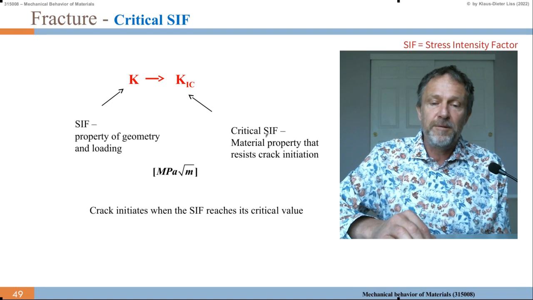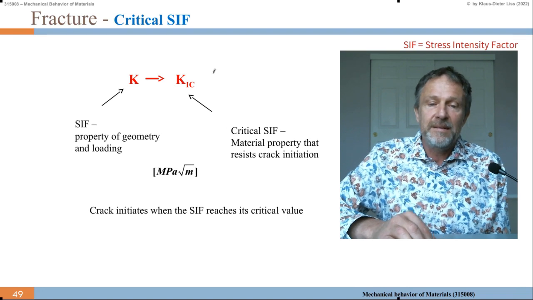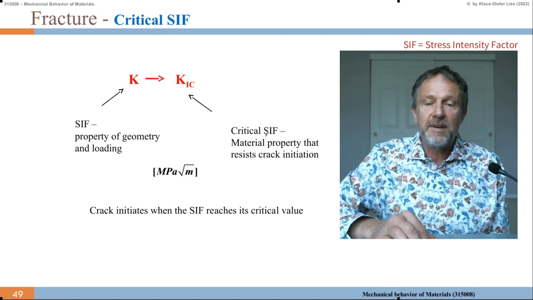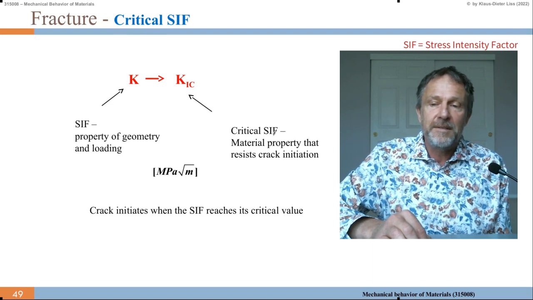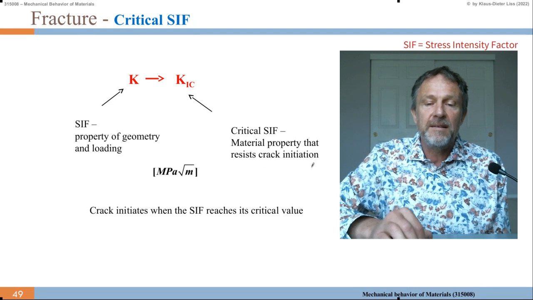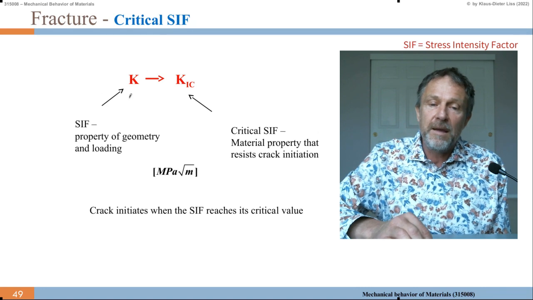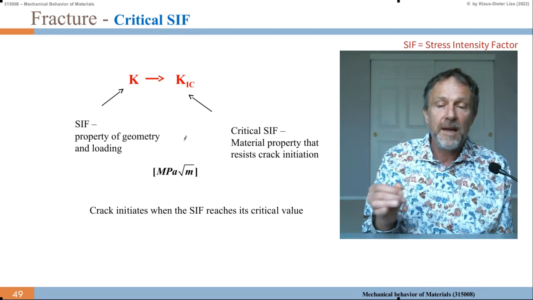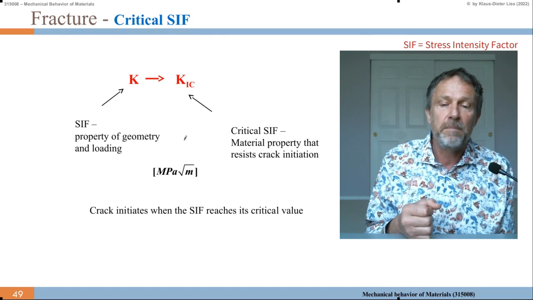And we have another constant, K1C, which is a critical stress intensity factor, and that's a material property that resists crack initiation. So of course, if K1, for example, is smaller than K1 critical, then we don't get yielding, we don't get crack initiation and crack propagation.